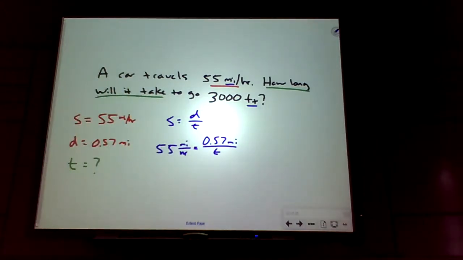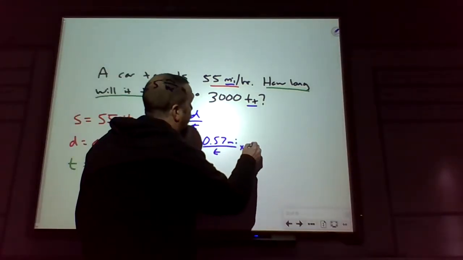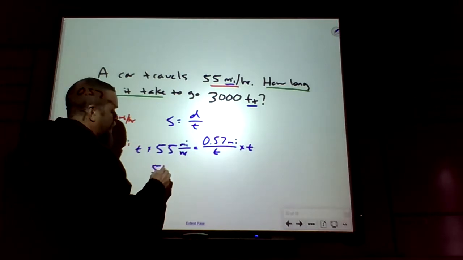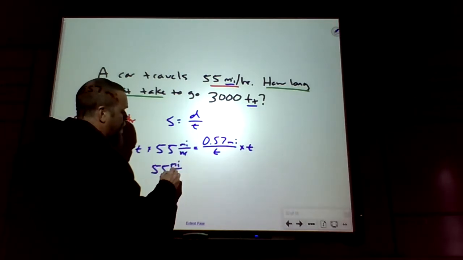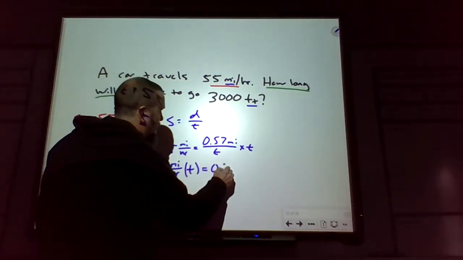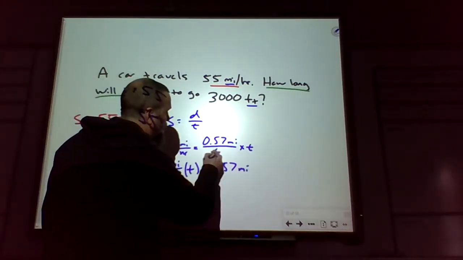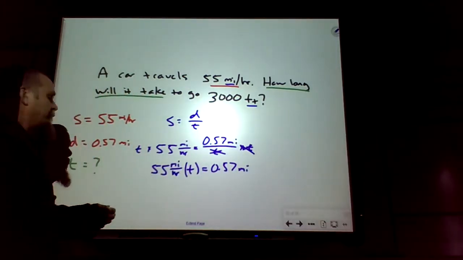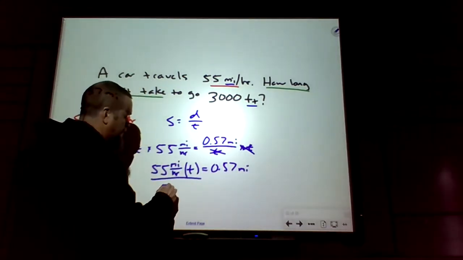Again, move time out of the denominator first. I can do that by multiplying both sides by t. 55 miles per hour times t equals 0.57, because that cancels over there. I'll divide both sides by 55 miles per hour.